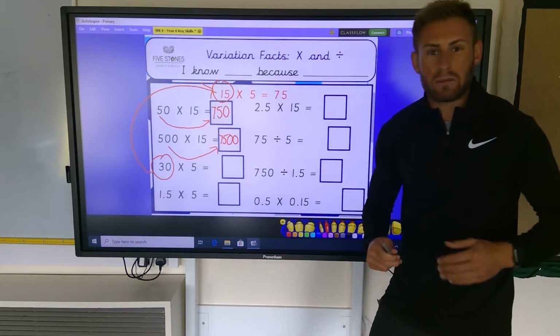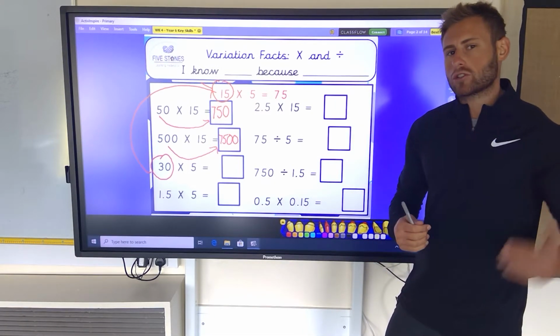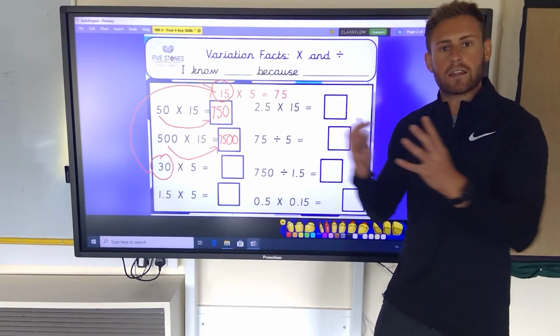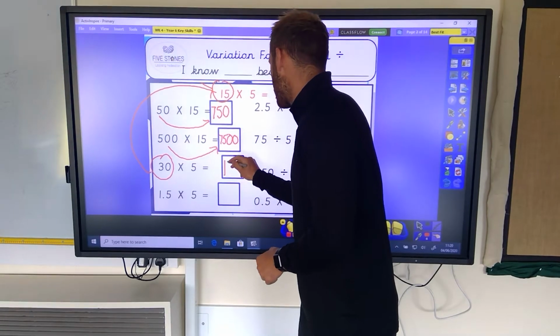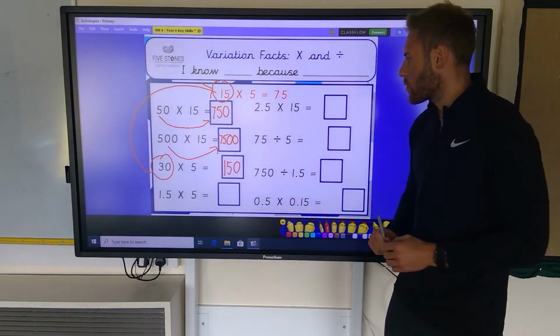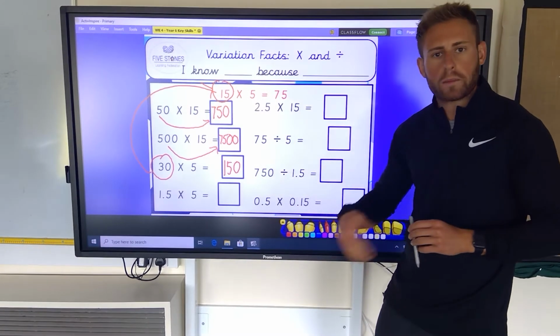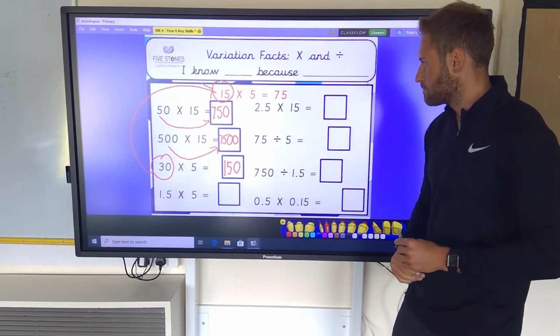So hopefully we're able to pull out 75, what double 75 is. Some of you might know double 70 being 140 and double 5 being 10. We can put 140 and 10 together to get, yes, 150. Great work if you managed to pull that fact out nice and rapidly. We should hopefully be knowing double 75 is 150.